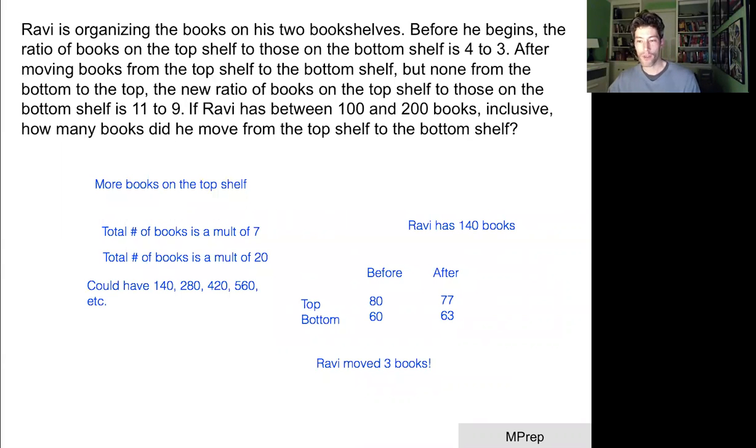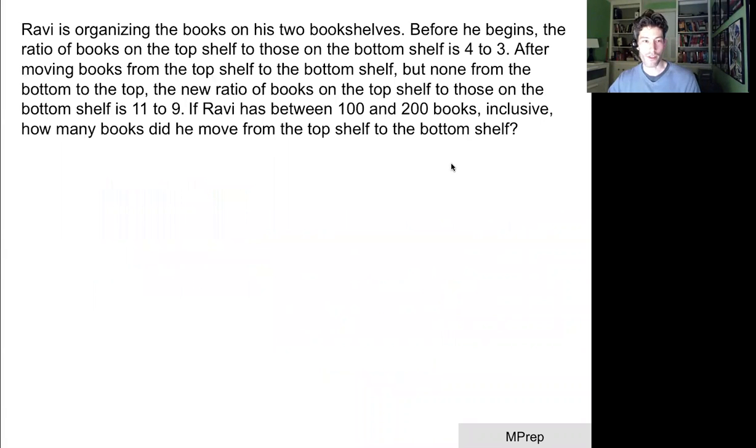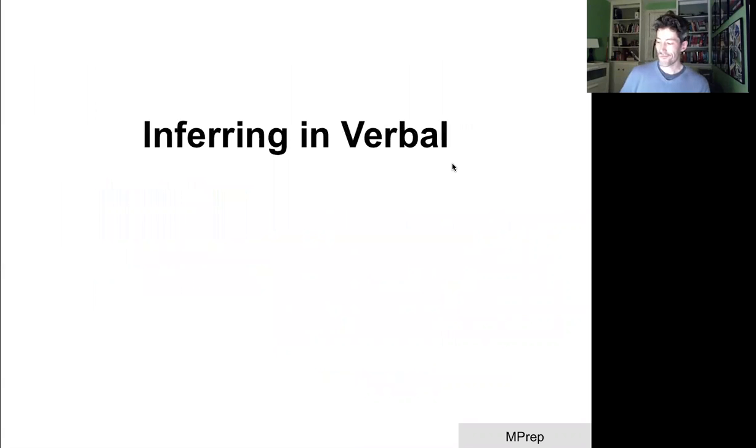I want to move on from Quant and talk about how inferring in verbal is a bit different from this. In verbal, you'll have reading comp questions, critical reasoning questions that ask you to do some inferring. Or maybe better put, they'll ask you, hey, which of the following 5 answer choices can be properly inferred from the passage or from the argument.